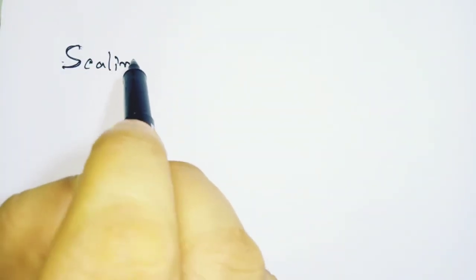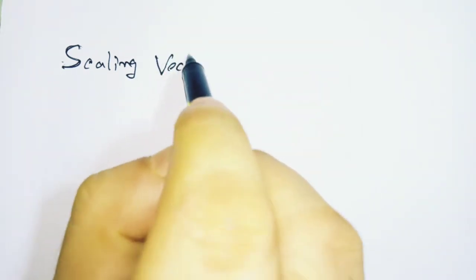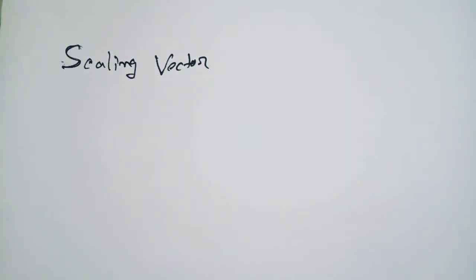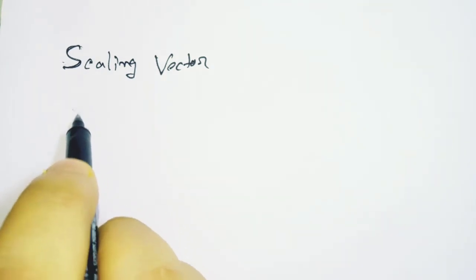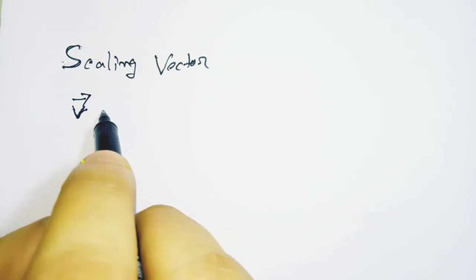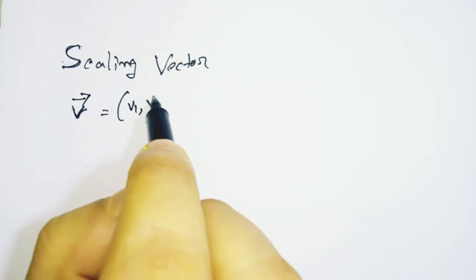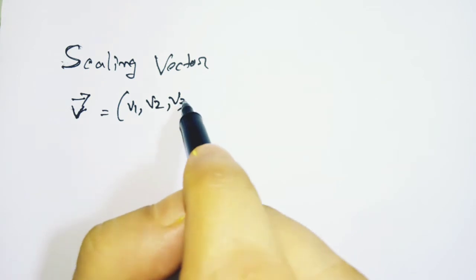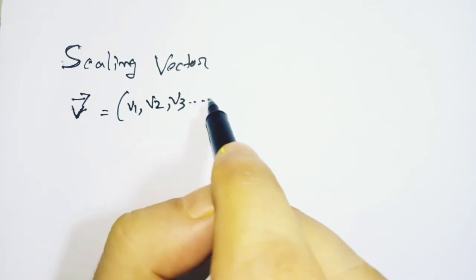Let us see an example. What we call is the scaling of a vector. So let me write it down. It is called scaling of a vector. Say for example, I get a vector, which I will denote by v, and define it as v1, v2, v3, dot dot dot, up to vn.